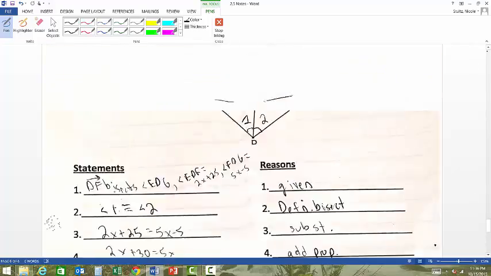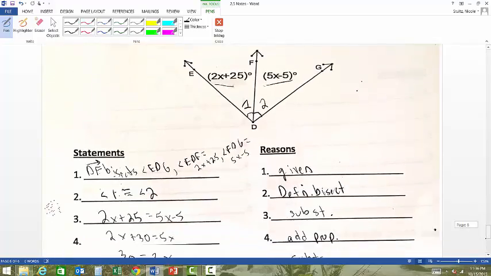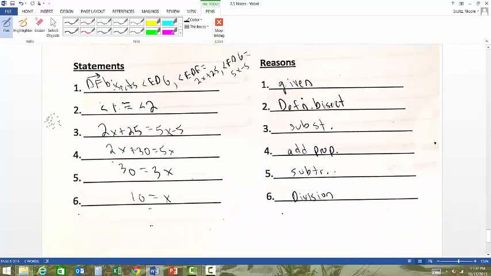And I guess since our proof technically said prove x equals 10 instead of 10 equals x, I'll just go that little extra step and change this to x equals 10. And that property that allows me to switch sides of the equals is the symmetric property.